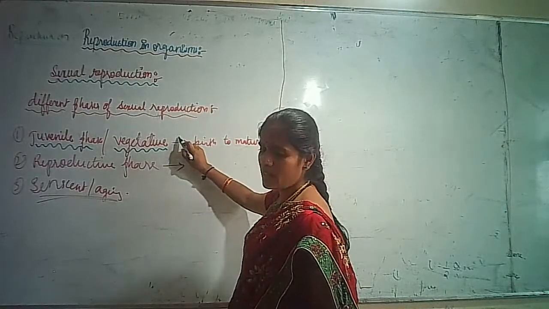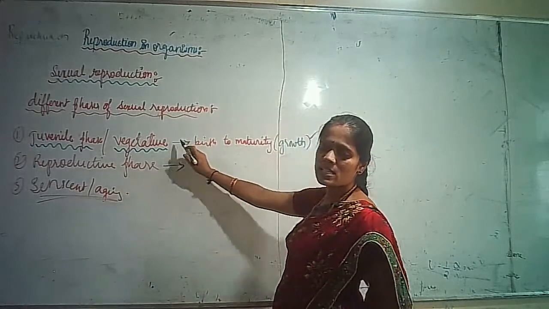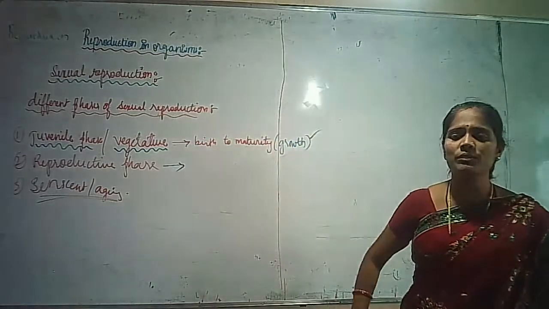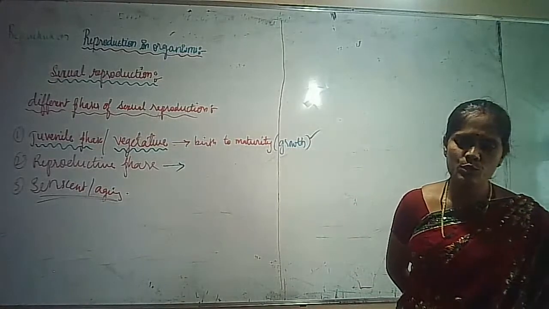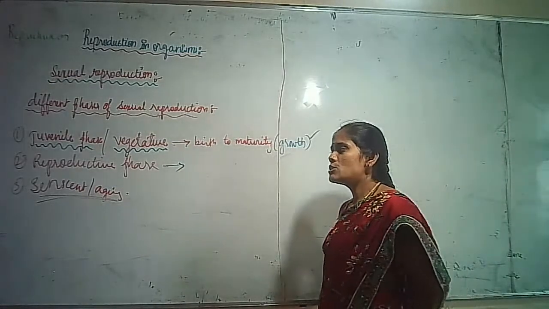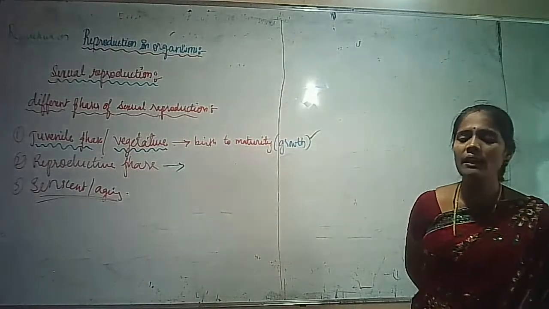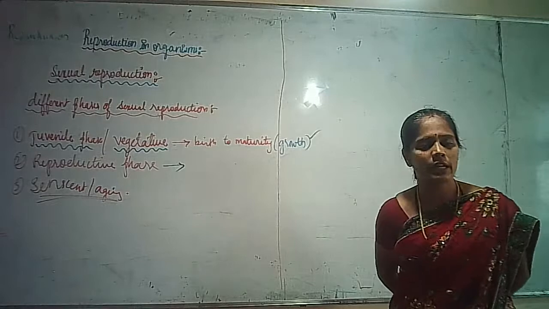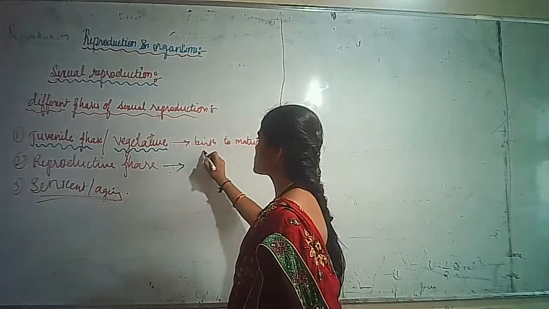In the angiosperm, once it starts flowering, we can say they have achieved the reproductive stage. In the animals, we can recognize by the reproductive cycle. So let me explain you.